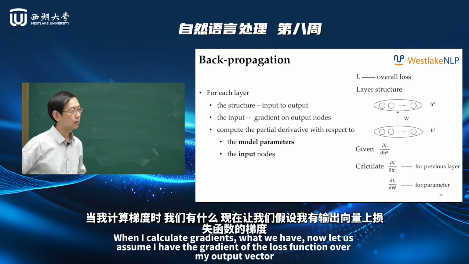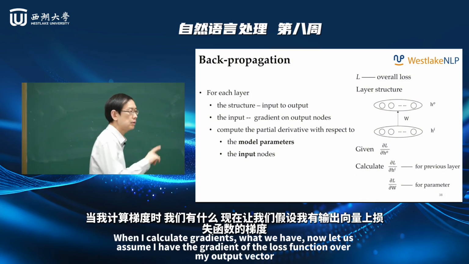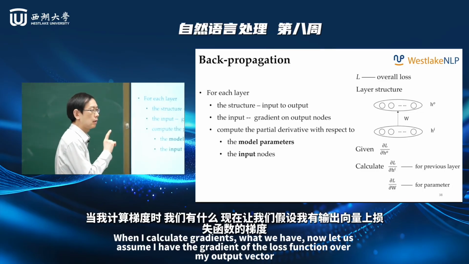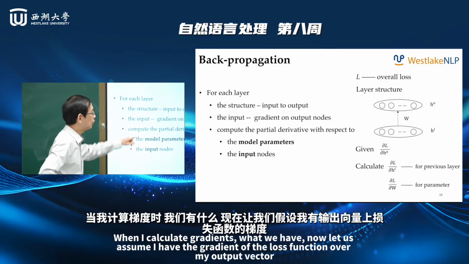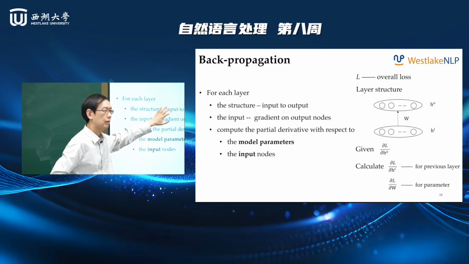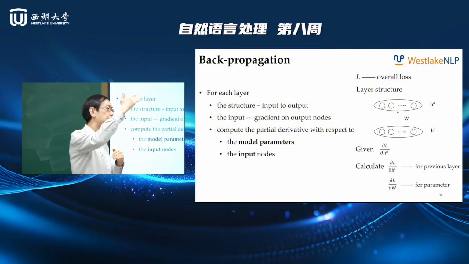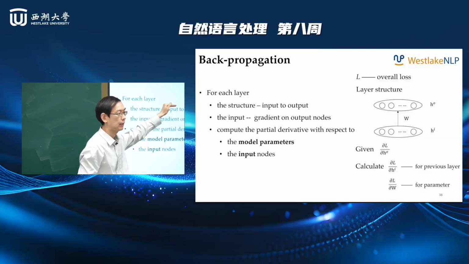So when I calculate gradients, what do we have? Now let us assume I have the gradient of the loss function over my output vector. This is what I know. I don't know which layers are above me. But I assume that if they tell me the gradient over my output layer, then I want two things.